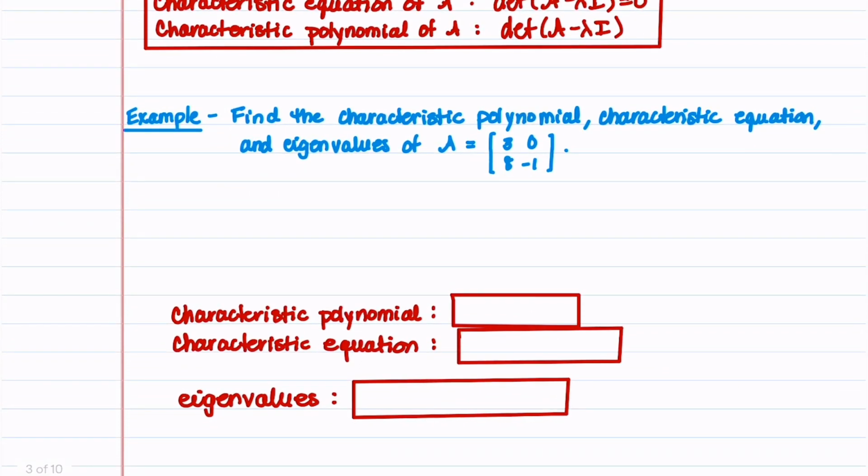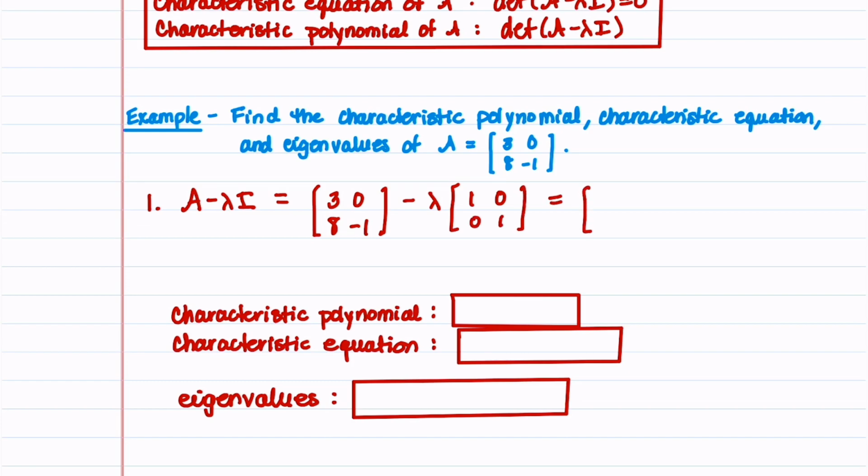We'll now do an example where we're asked to find the characteristic polynomial, characteristic equation, and eigenvalues of A. We'll begin by finding A minus lambda I. Let's write down A, 3, 8, 0, minus 1, and then we subtract off lambda times our identity matrix.